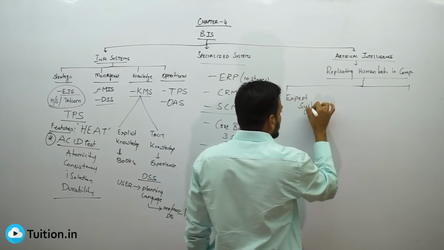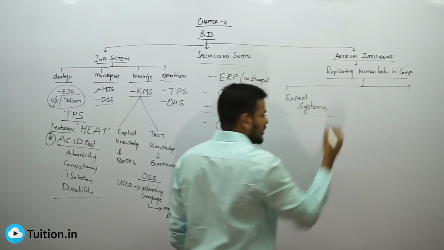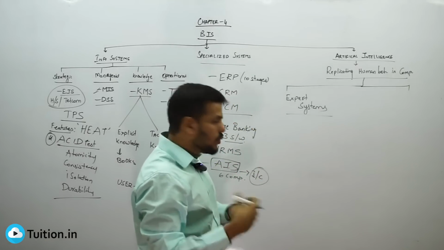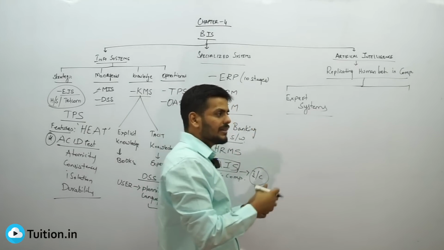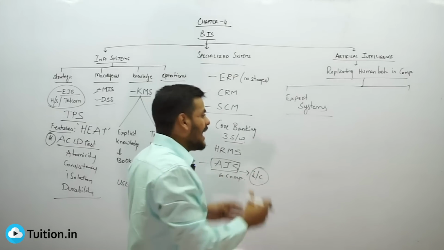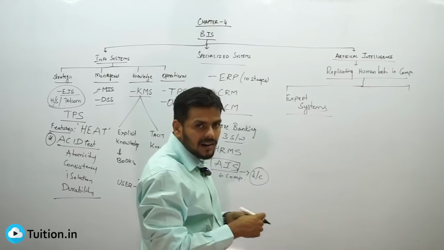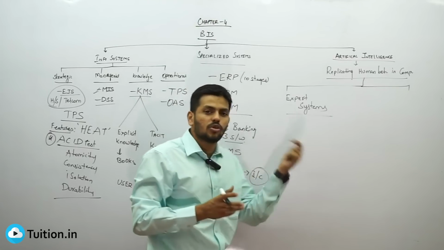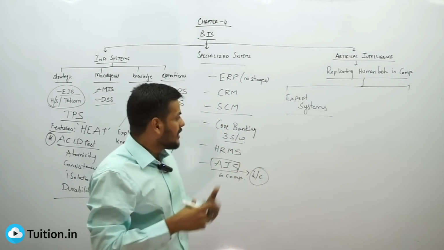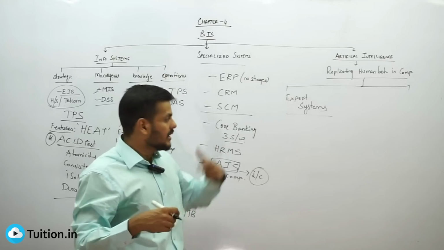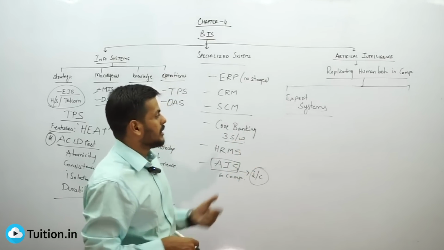Expert systems are the next level of DSS, high level DSS. So we have an expert who is giving all the information, which is programmed in something called a knowledge base, and the knowledge base will contain all the information necessary for a novice, a new person, to draw information and get the opinion like he gets it from an expert system.